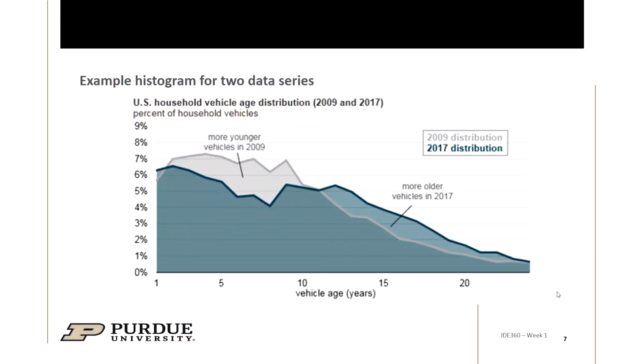Here is an example histogram for two data series. This is the household vehicle age distribution for two different years, 2009 in gray and 2017 in bluish. This is the percent of household vehicles with a particular age.